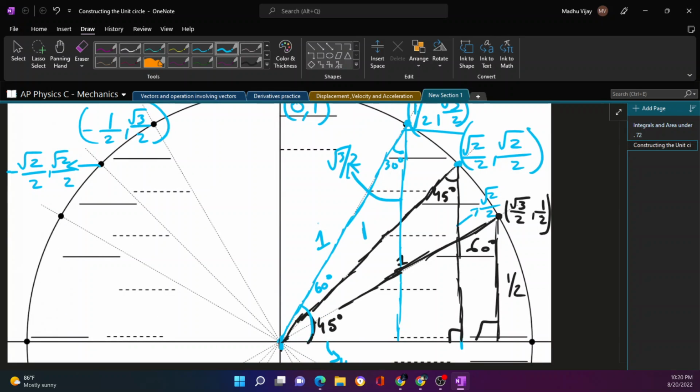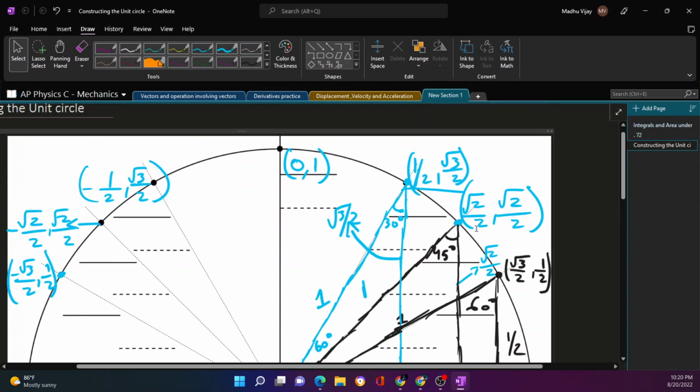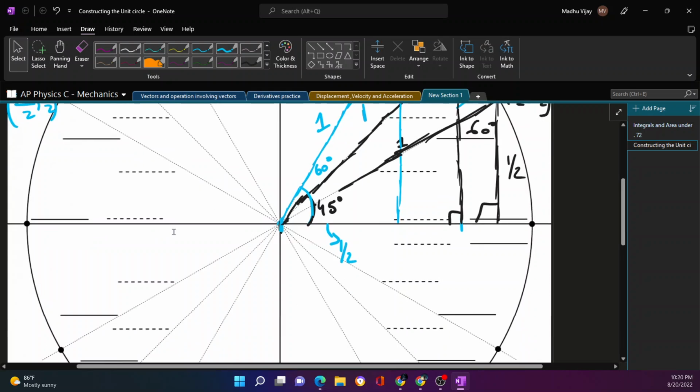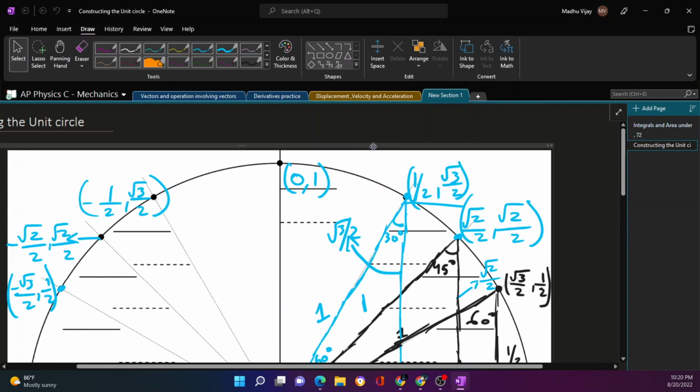And then this point's just going to be negative square root of 3 over 2 comma 1/2. And now we just keep doing this for the whole circle, and that's pretty much how we get our values.